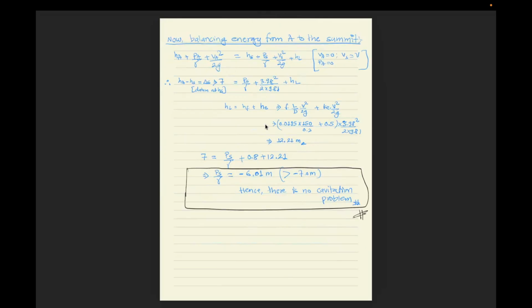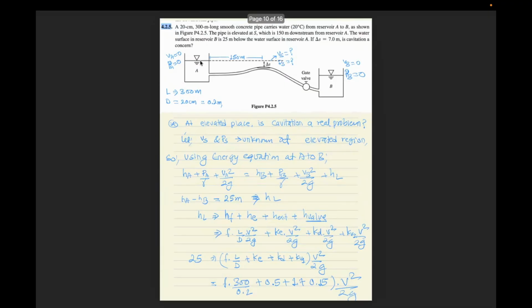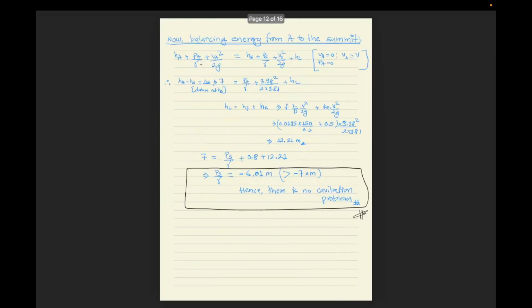Now let us balance from point A to this point. The length will be 150 meter, and here VS and PS need to be determined. Similarly, we use the energy equation again, and for the top of the siphon, let VS be equal to V, which we already computed. The elevation is already given, 7, and we need to compute the pressure head.